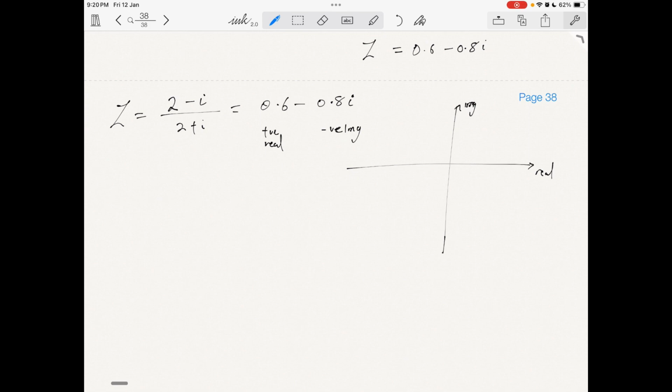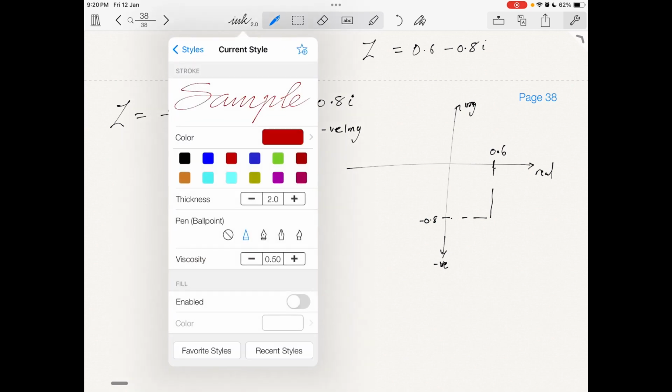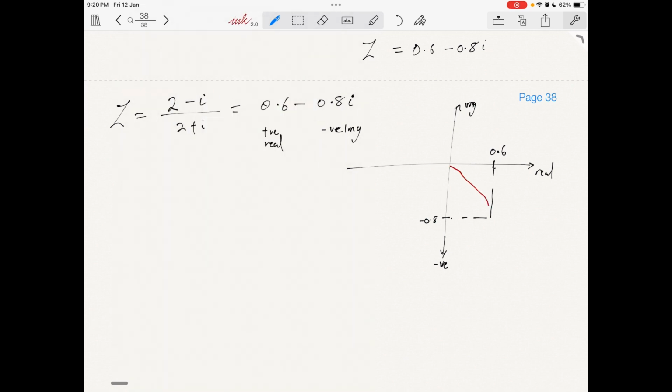Since it has positive real and negative imaginary, we are considering this quadrant. So positive real of 0.6, negative imaginary of minus 0.8i. So in essence, this is the Argand diagram display of this.